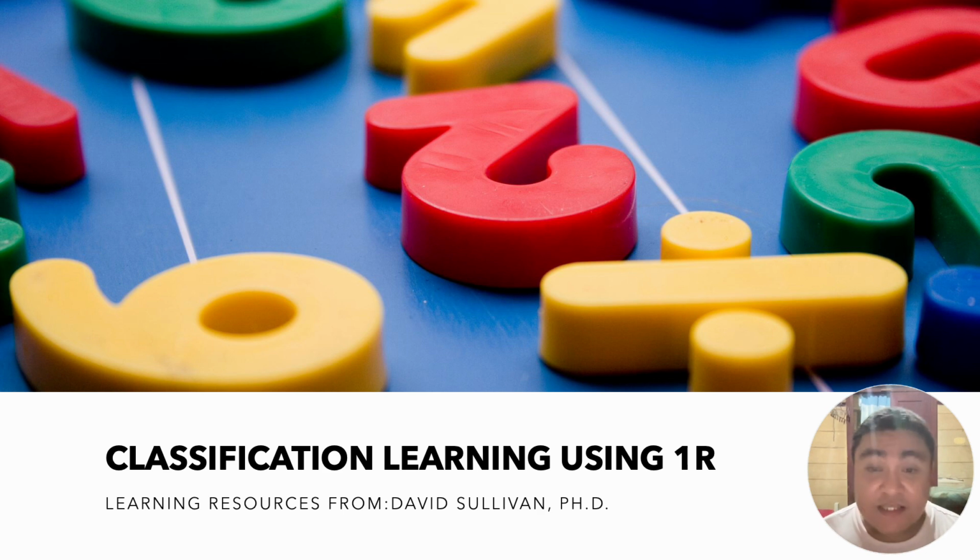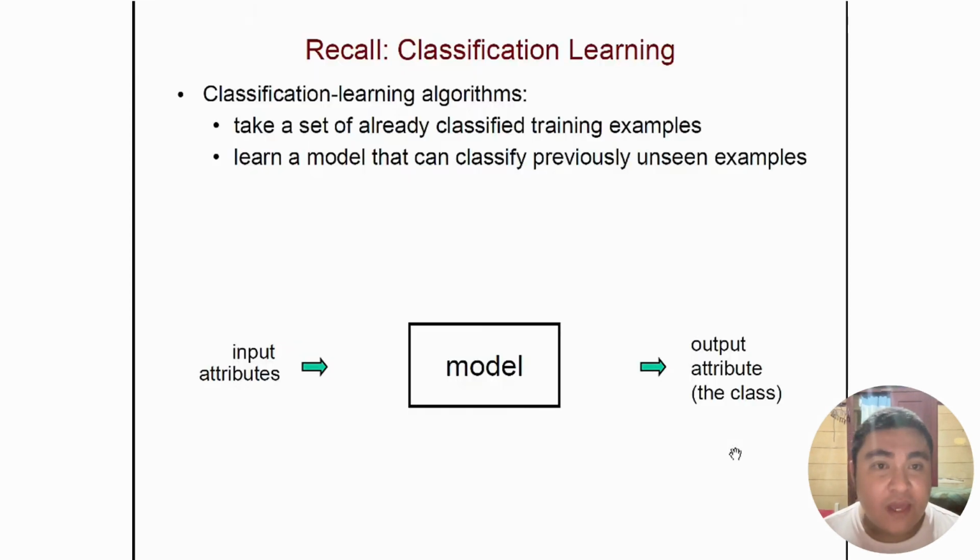Okay, so let's start. Just a recall, we've discussed this last week. This is about the process of classification learning as we discussed in the previous week. The process of classification involves learning and classifying.